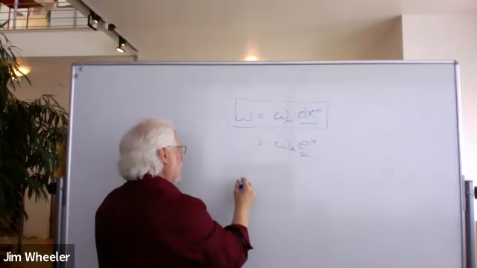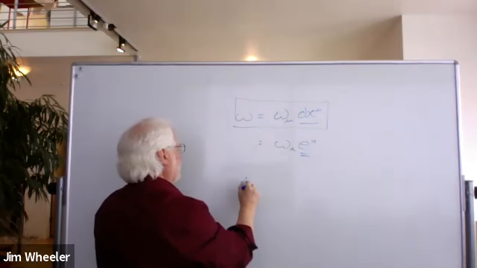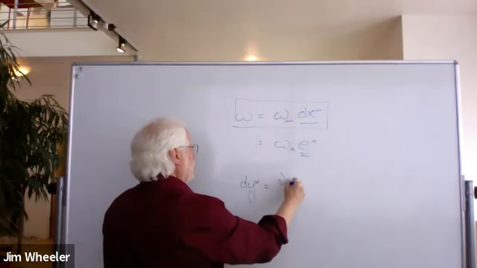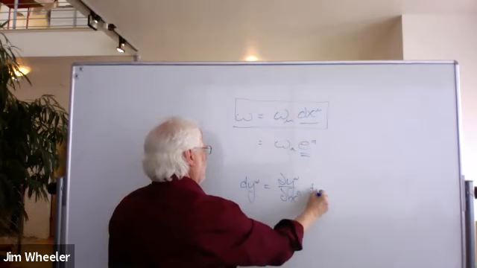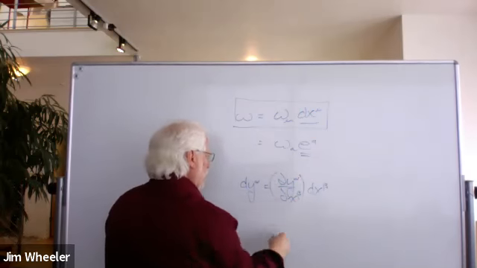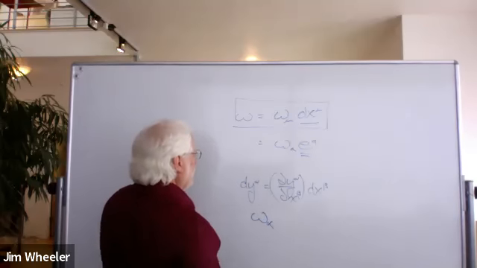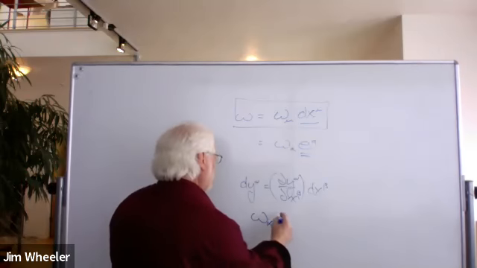And under a coordinate transformation, I know how to relate a new basis to an old basis because it's just the Jacobian matrix, ∂y/∂x. So what I need is for the components of any one form to have the opposite transformation property.